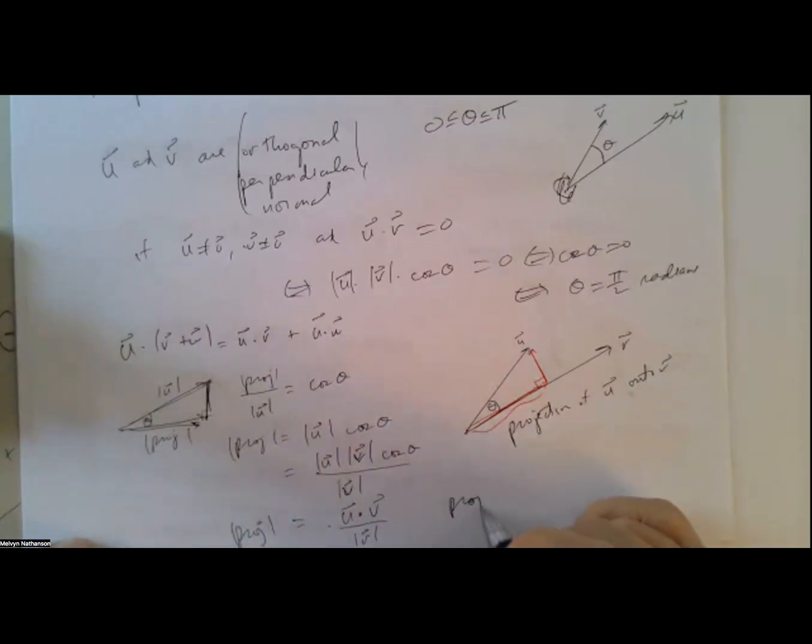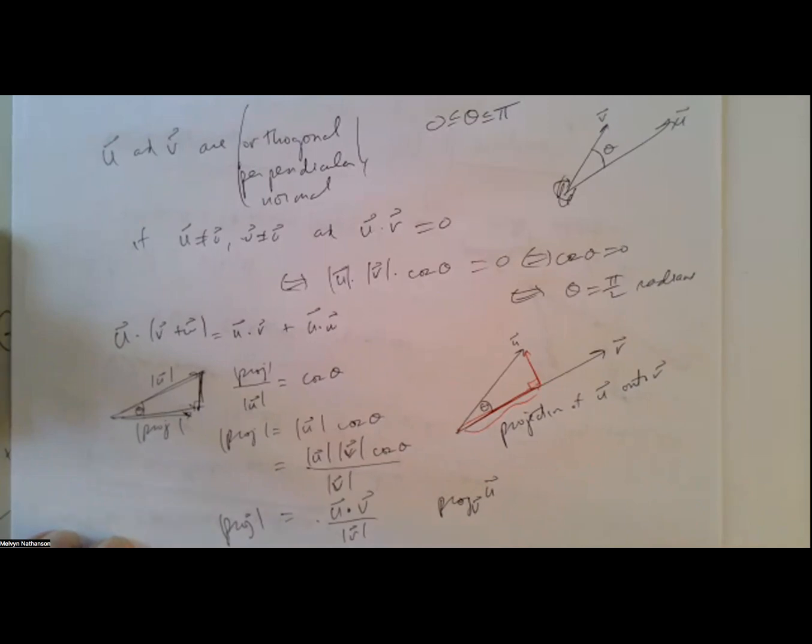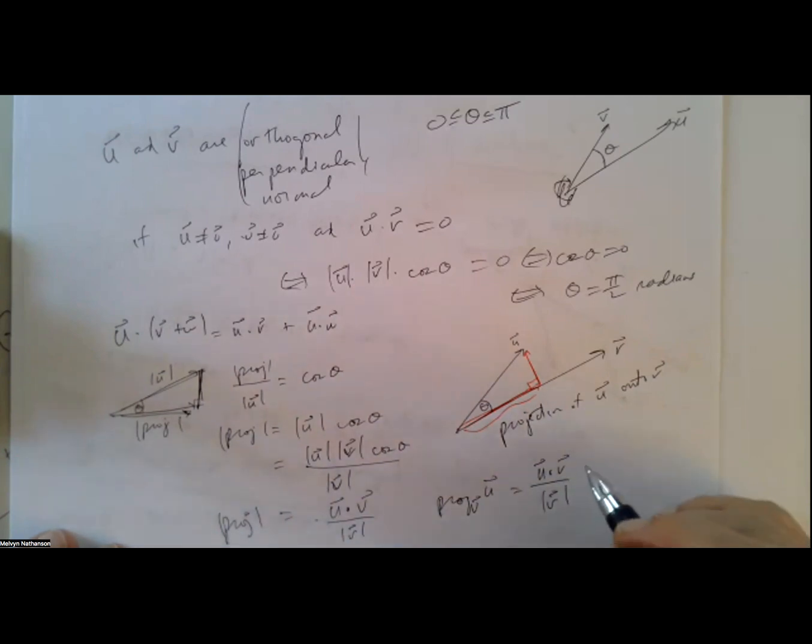The projection of U in the direction of V, the length of it is U dot V, that's a number, divided by the length of V, but it's a vector pointing in the direction of V. So if I take a unit vector in the direction of V, which is the vector V divided by its length, that is the projection.